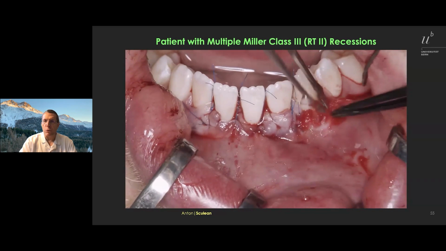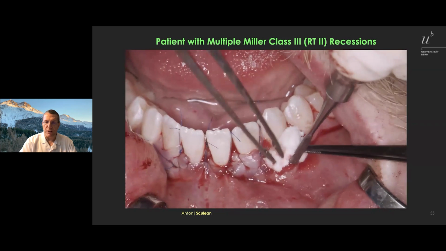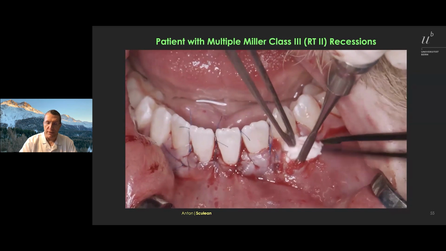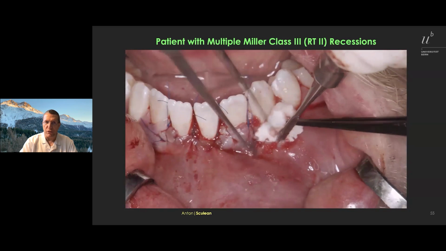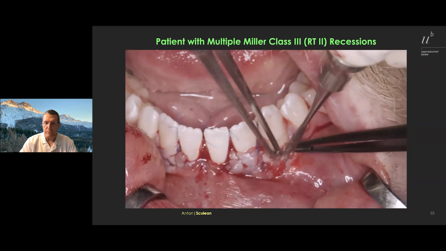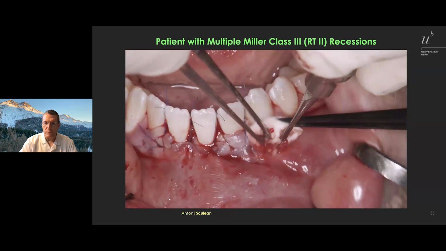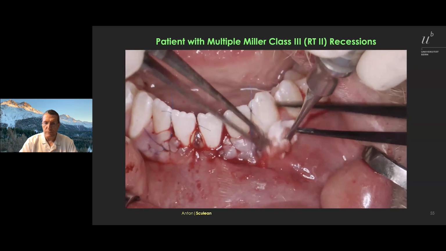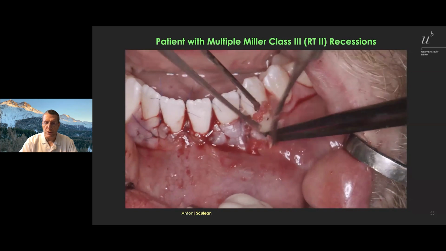And the main thought is to fill the tunnel mesially and distally, and also to fill the papillae, to undermine the papillae, because in this way, I can very nicely stabilize the entire area. You can see how I insert it.